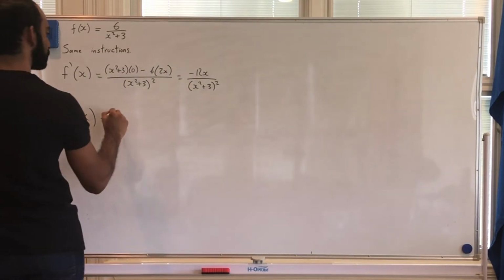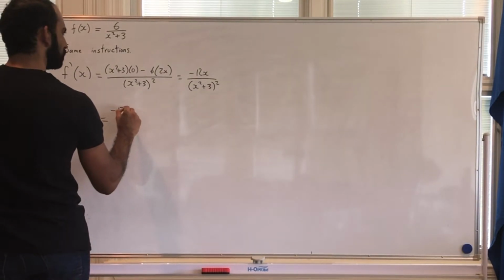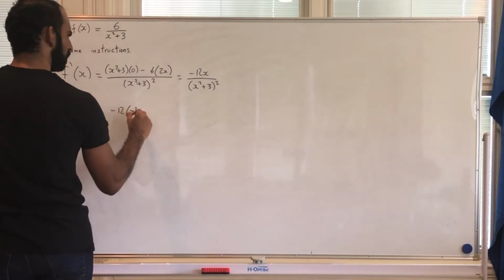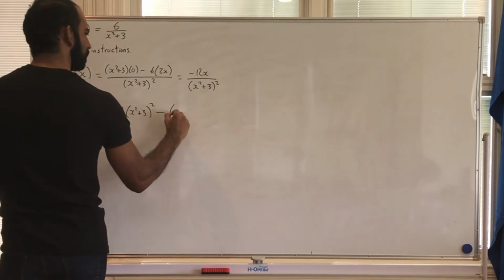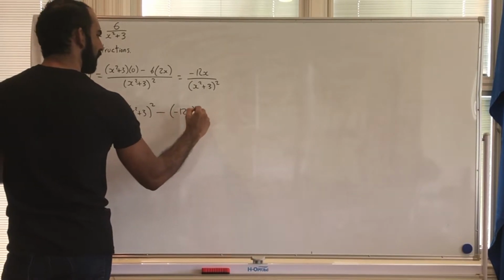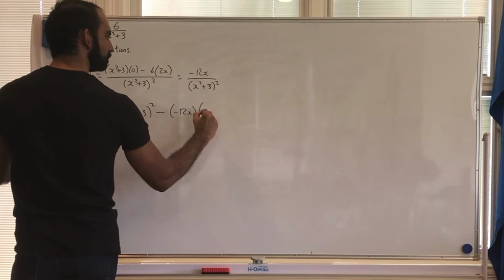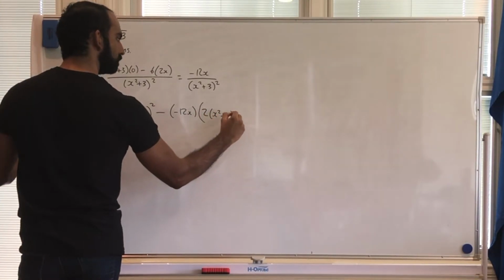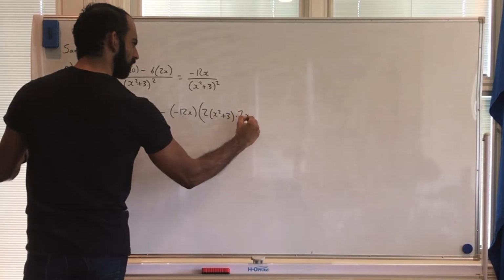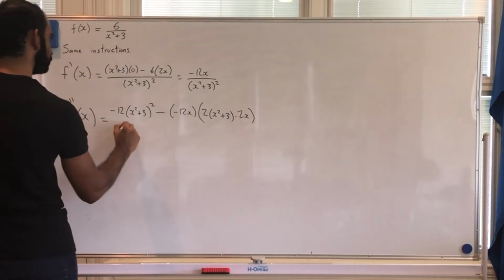Low d high this. Minus high d low. So chain rule that low, like so.